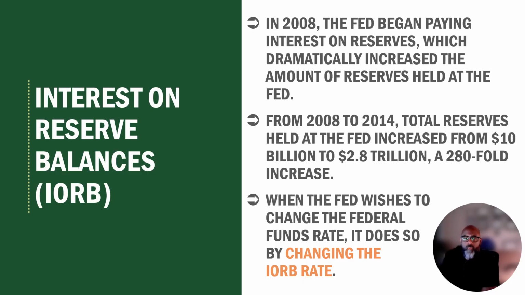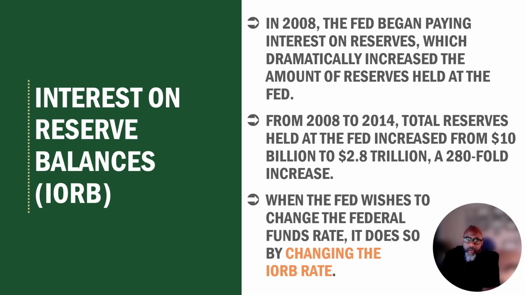To adjust the federal funds rate, the Federal Reserve uses policy tools to guide the market rate towards its target. While the rate is set by supply and demand between banks, the Federal Reserve's influence is decisive. Before the 2008 financial crisis, the Fed managed the rate by adjusting the supply of reserves through open market operations.